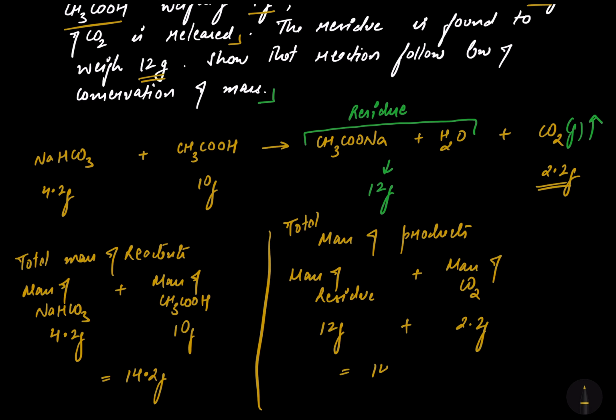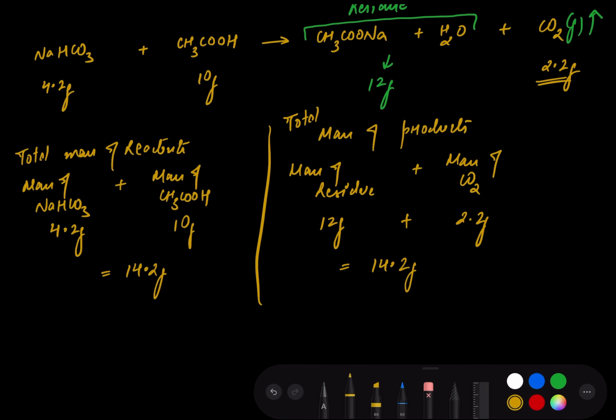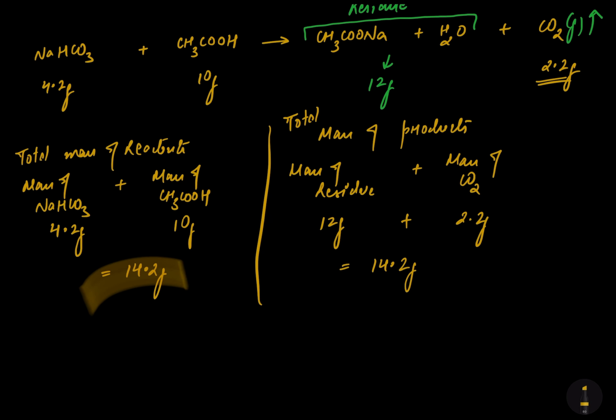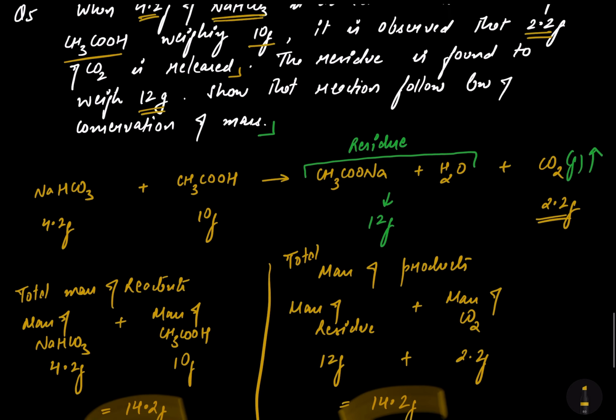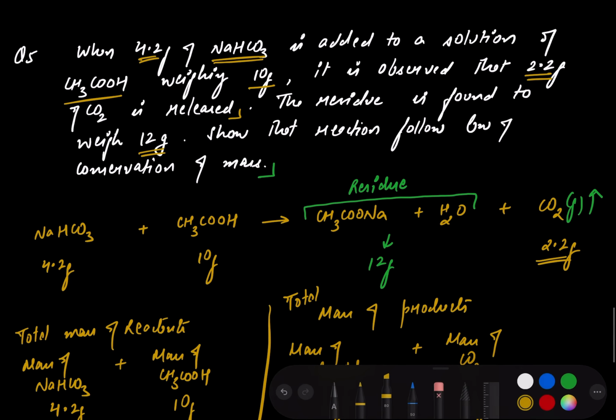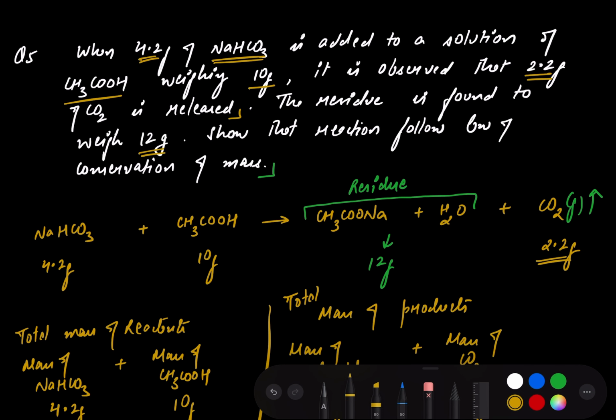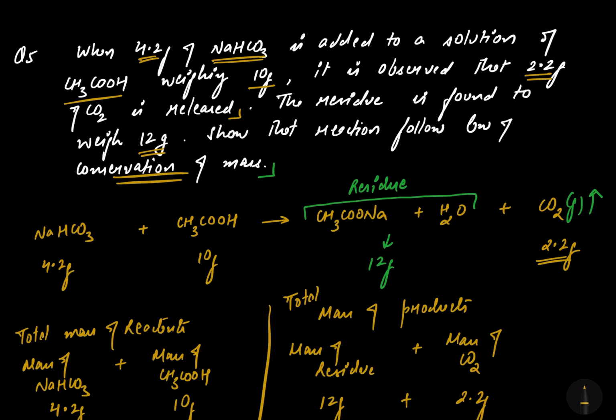That comes out to be 14.2 grams. Here again, we are having equal mass of reactants and equal mass of products. We are having the total mass of reactants to be equal to the total mass of products. Hence, this reaction follows the law of conservation of mass.